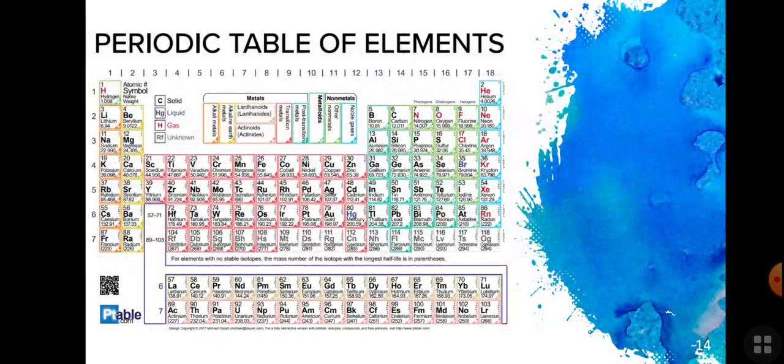So, madali lang kapag elements yung ating pinag-uusapan. So, any element here in the periodic table, you just simply look at their relative atomic masses, and from there, you will get its molar mass.